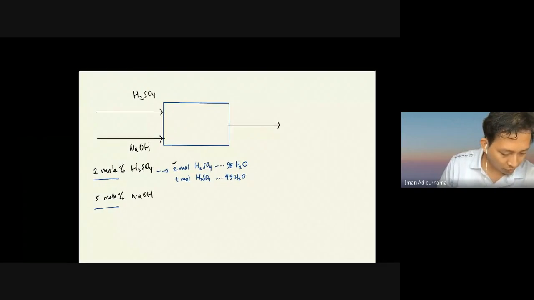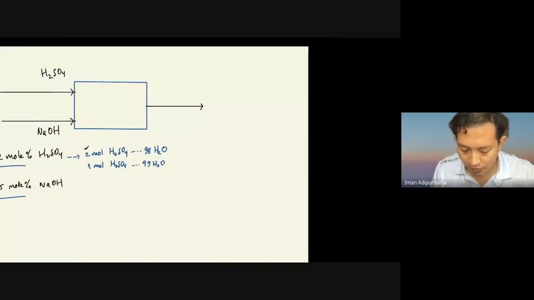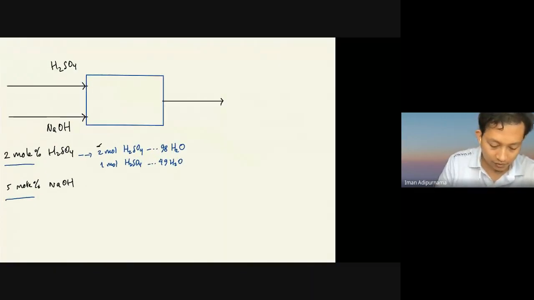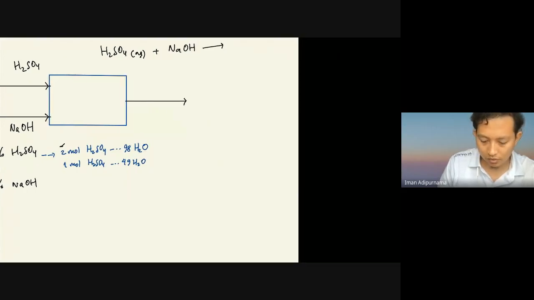Or probably I forgot to write the reaction. Sorry, it's neutralization, right? So this acid plus the natrium hydroxide, this will become... So you need to write the reaction first.